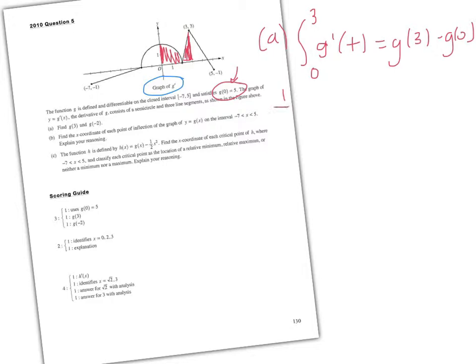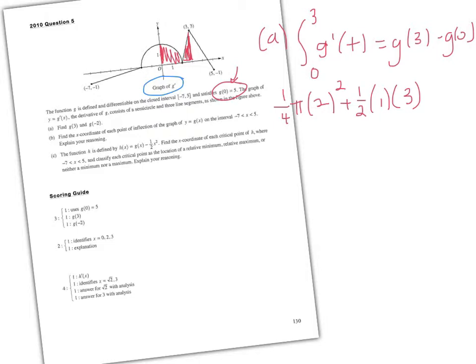So the quarter of the circle is 1/4 pi r squared. So it's going to be 1/4 of pi times, what's r in this case? Yeah, so 2 squared. Plus, the next one is a triangle, so it's 1/2 base. The base is 1 and the height is 3.